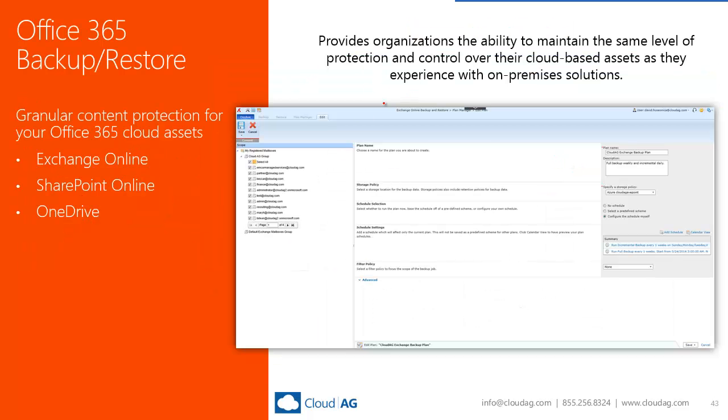Another thing just to be aware of is the ability to do granular backup and restore. Microsoft has your data in a primary data center, and then it's also mirrored in a backup data center. So if a hurricane were to come and wipe out a data center on the East Coast, they do have the ability to cut you over.